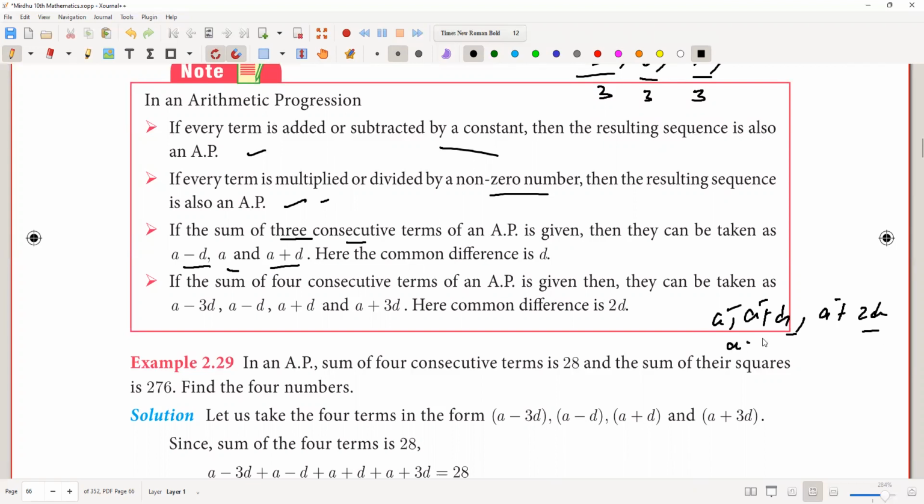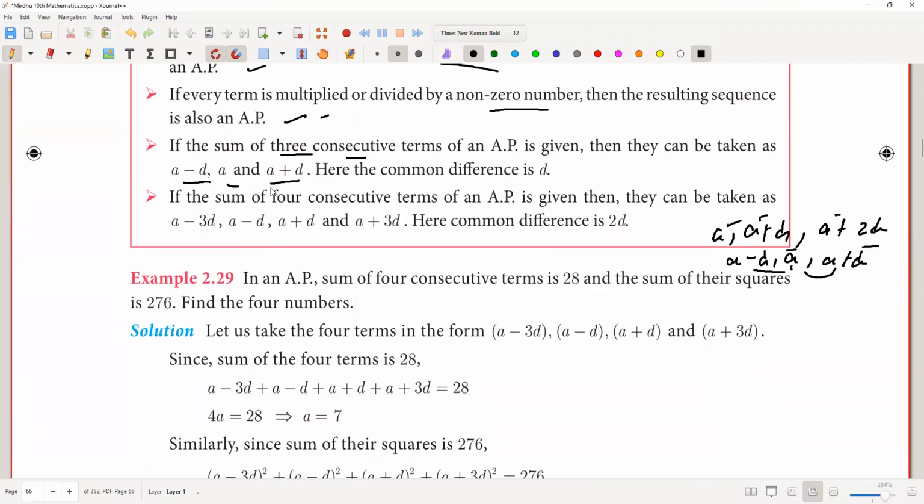If I take A minus D, A and A plus D, the common difference is D. When I add this, minus D and plus D will get cancelled. I'll be getting 3A. I will be finding A immediately. If they are given the sum of four consecutive terms, we have to take A minus 3D, A minus D, A plus D, and A plus 3D. This would be having common difference 2D.